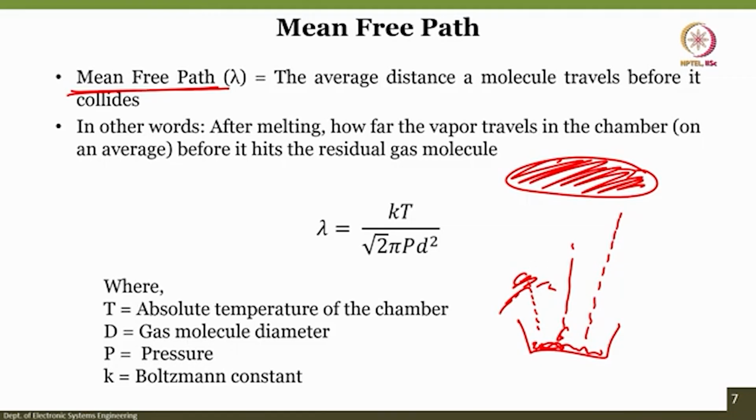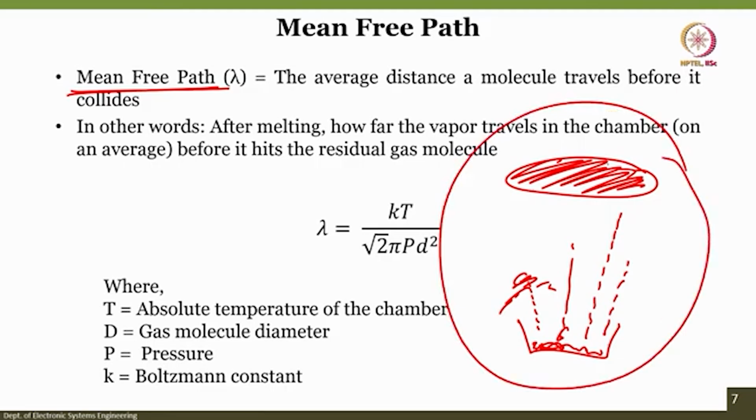With what will it collide? It will collide with particles or residual gas molecules, and to remove these residual gas molecules we use vacuum, right, to increase the mean free path. The longer the path is, the better the deposition, correct.